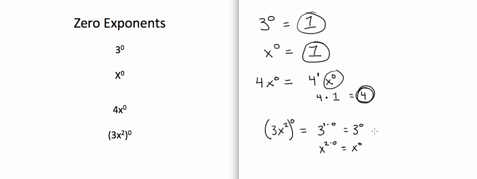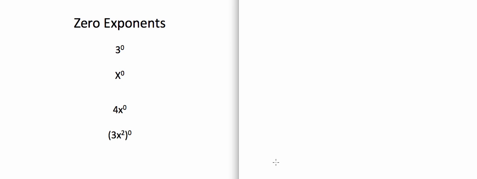And funny thing is these two examples were both in our previous examples. 3 to the 0 is going to give us 1. x to the 0 is going to give us 1. So our final answer is in fact going to be 1. Now if there was something on the outside of those parentheses as well, then that would change your answer. But in this case, this is how we work through those problems, and we end up with 1. So that's 0 exponents.